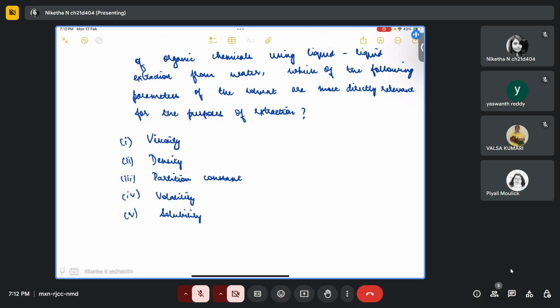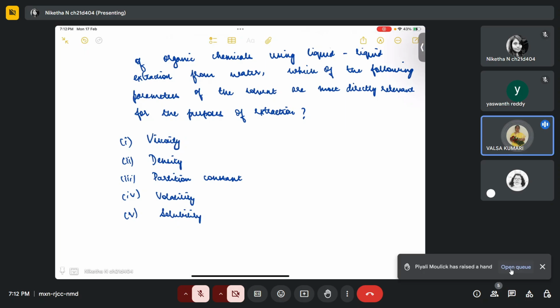So what is viscosity here? Resistance to flow. Yeah.